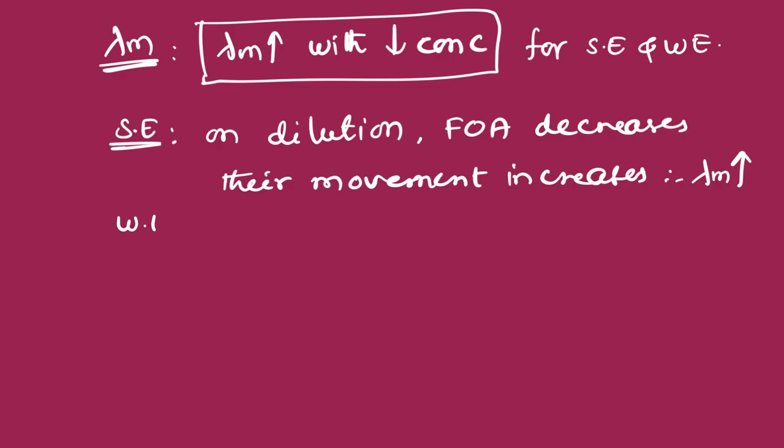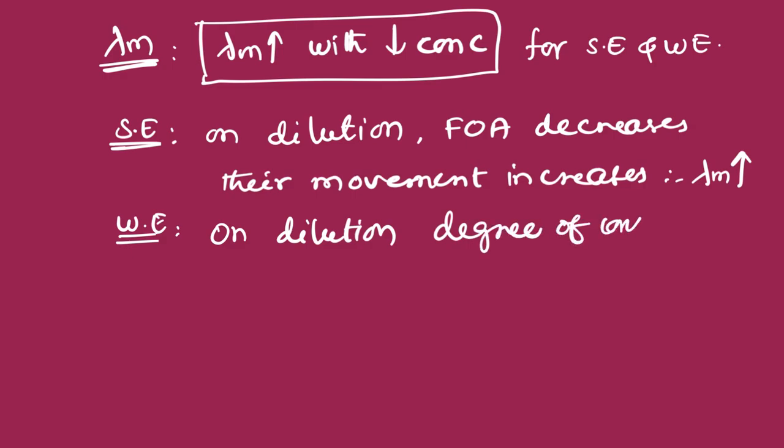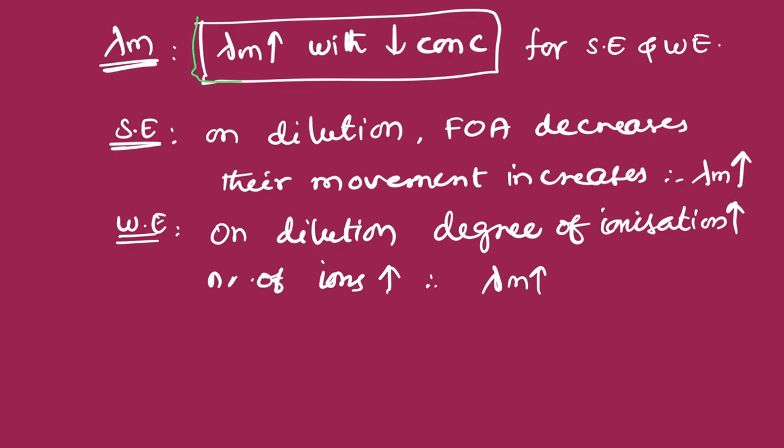For weak electrolyte, what will happen? On dilution, the degree of ionization increases. When the degree of ionization increases, the number of ions increases. Therefore, molar conductivity increases. Simply remember that molar conductivity increases on dilution.